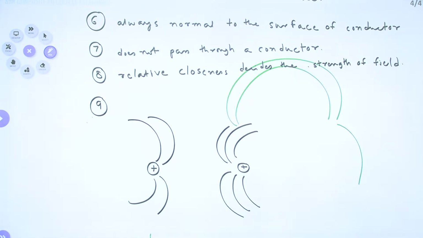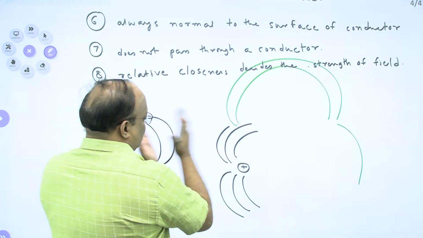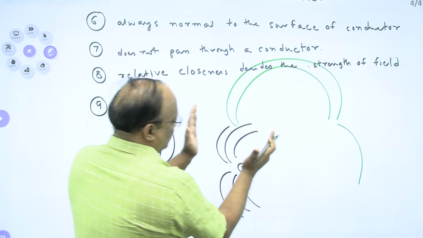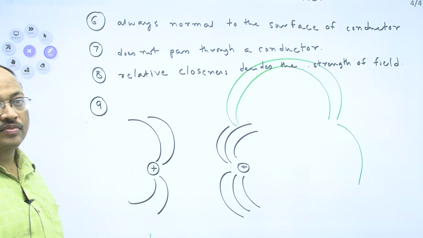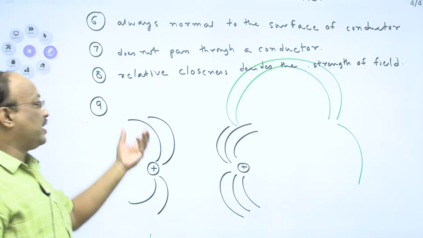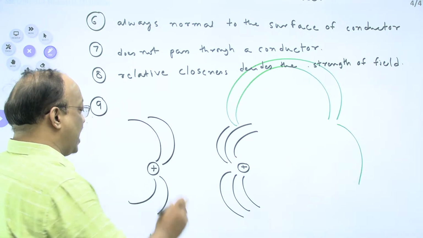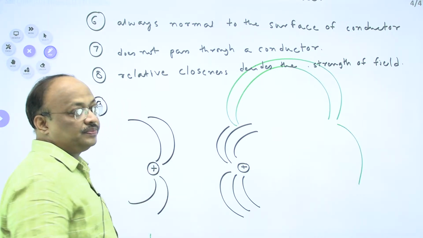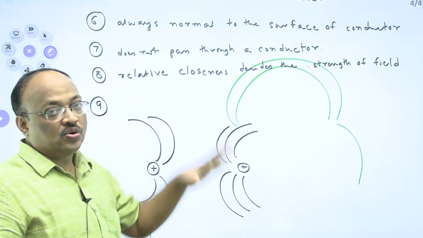So lateral pressure on the neighboring lines, they start to put lateral pressure. If you bring them close, these start to apply pressure on one another. So lateral pressure on the electric lines of force represents that there is a force of repulsion between the two charges.